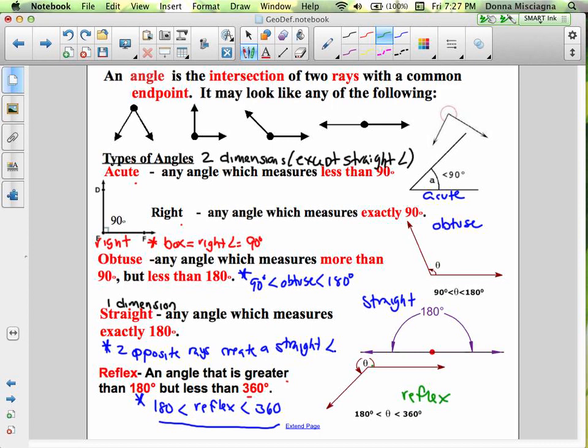Now the reflex angle is referring to this angle here, right? The one outside. So technically, when we drew the other angles, there was also a reflex angle on the other side. Right? So this here is a reflex angle. The other angle is an obtuse angle. This is a reflex angle.